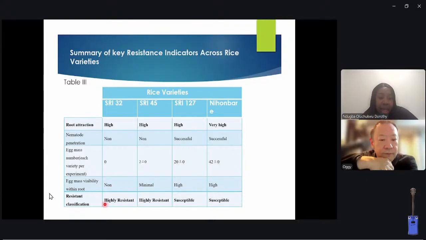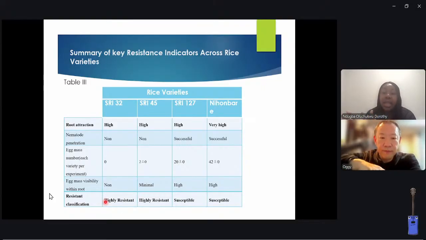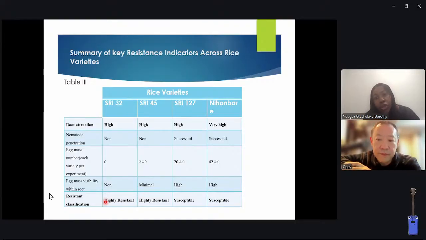So with this, the resistance classification we have in the rice varieties: SRI 32 and 45 are shown to be highly resistant to Meloidogyne incognita, while SRI 127 and Nihonbare are shown to be susceptible to Meloidogyne incognita.